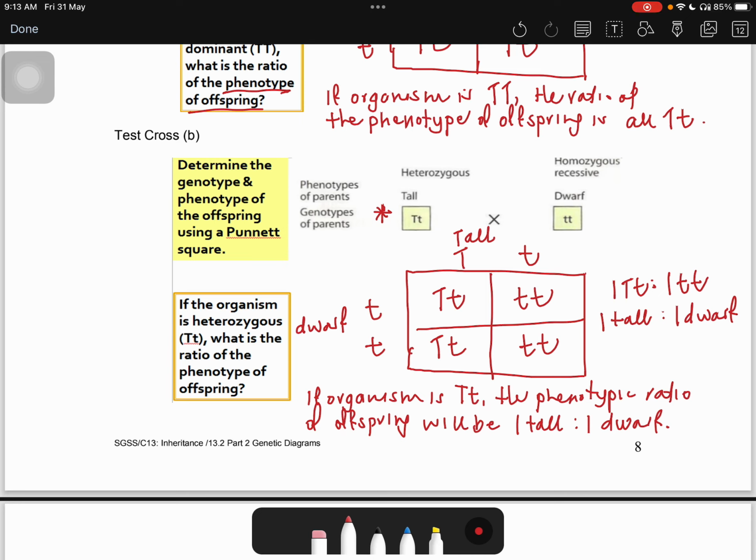In reality, if we breed a heterozygous with a homozygous recessive, we'll get 1 to 1, 50% tall plants and 50% dwarf plants.